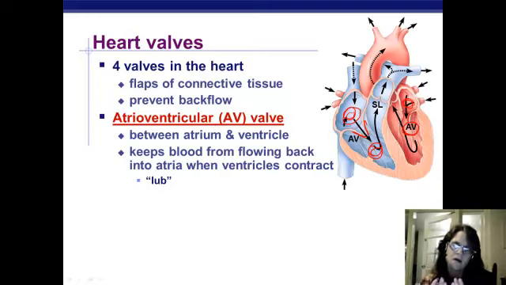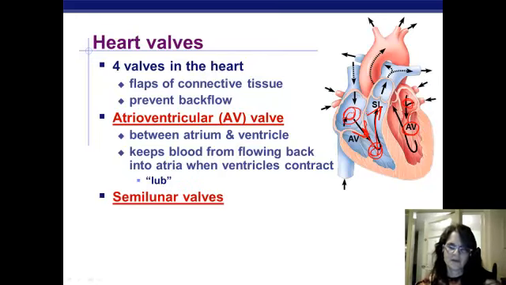When you hear the beating heart, lub-dub, lub-dub, what you're hearing are those valves closing and flapping together. A heart murmur is what you hear when the valve isn't quite doing what it's supposed to do. When the ventricle beats, the valves will prevent the blood from going back up there because they will close and the blood will be forced up into the blood vessels to go where it needs to go.